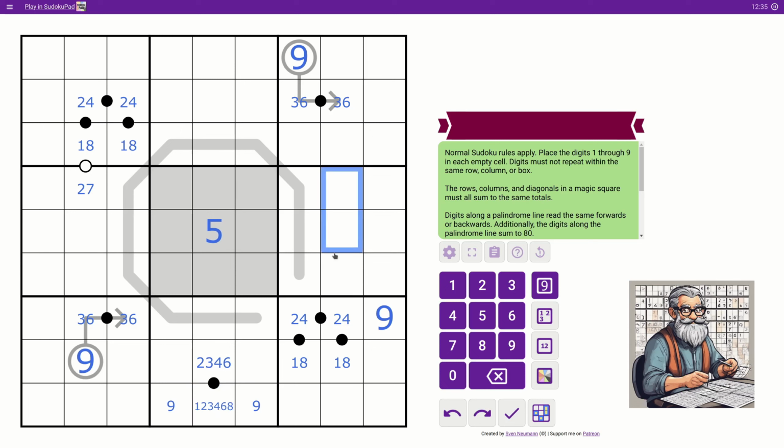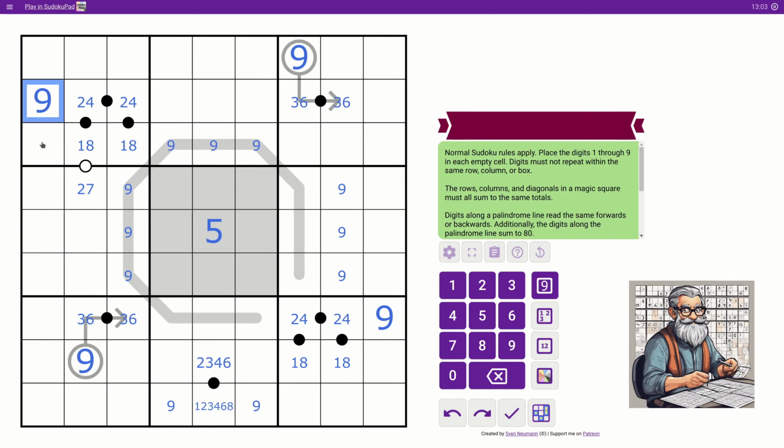Okay, so one of those is a 9. Not sure if we're getting anywhere yet, but 9, 9, 9. So one of those two is a 9, which means that there is a 9 here. And if there's a 9 here, there's a 9 definitely here, which means that this isn't a 9, and this is a 9. Okay.